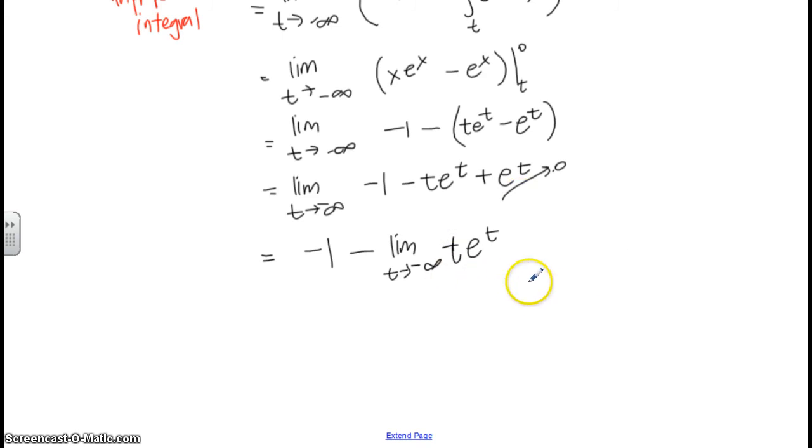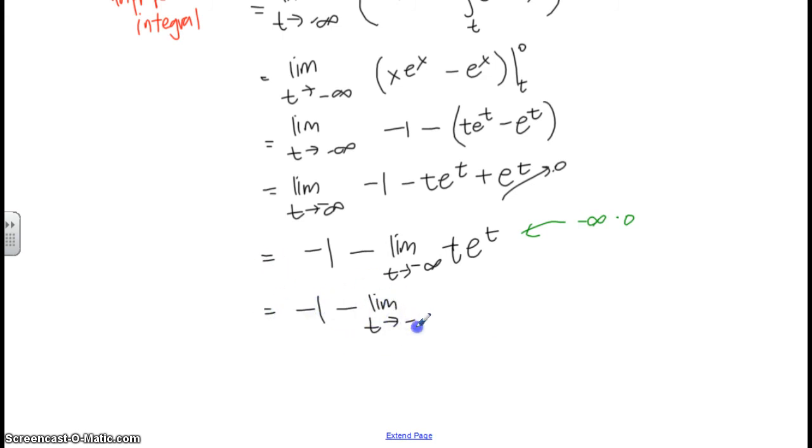Now, how did we do this? As t approaches negative infinity, this becomes negative infinity. This becomes 0. So right now, I have an indeterminate form of negative infinity times 0, which means, if you recall, we must use L'Hopital's rule.